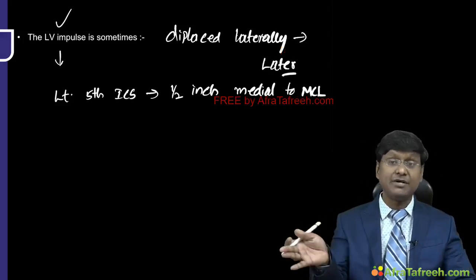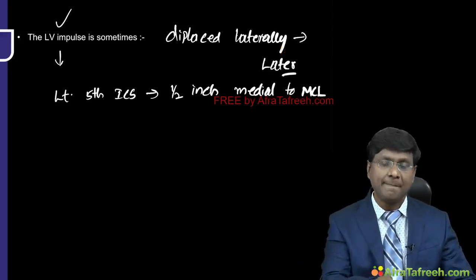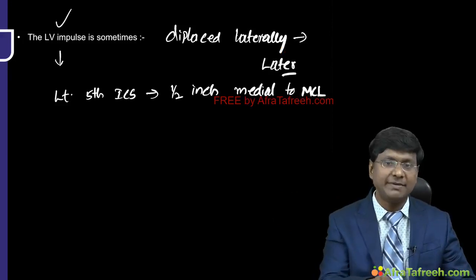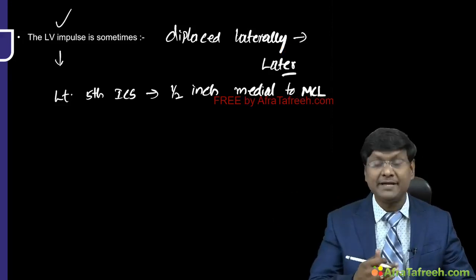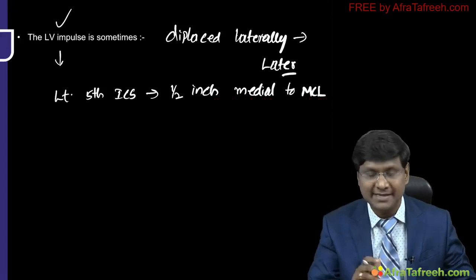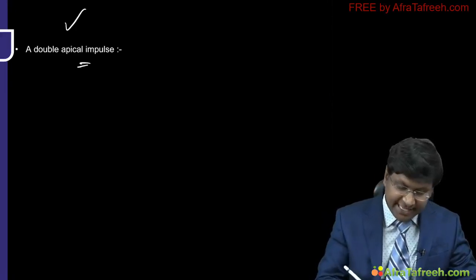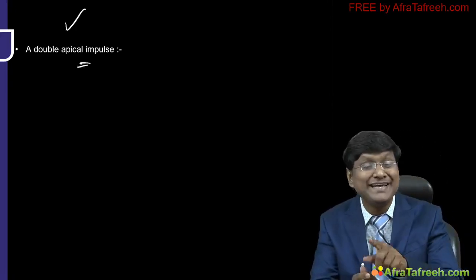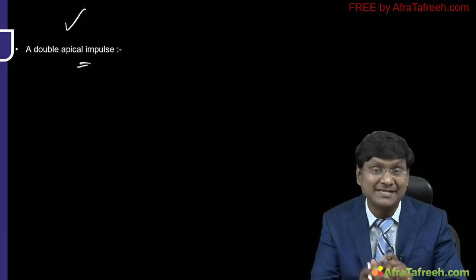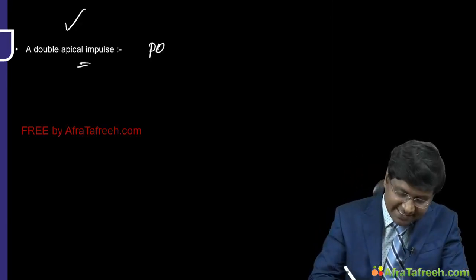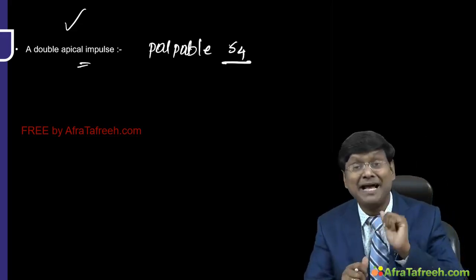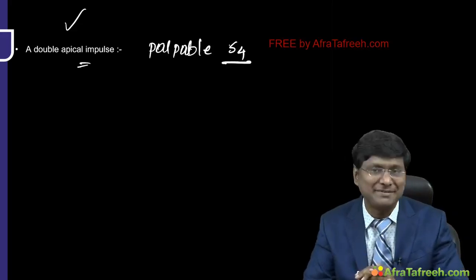Whenever there is development of right ventricular hypertrophy because of pulmonary arterial hypertension, the LV apical impulse will be displaced laterally. And these patients have a double apical impulse. Why do you have this double apical impulse? The double apical impulse is nothing but the palpable S4, which may be appreciated.